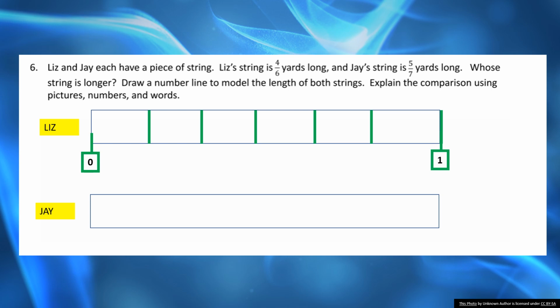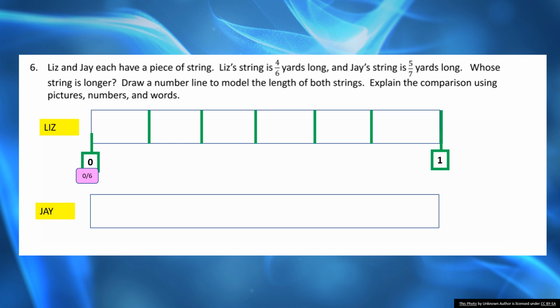Now, let's label it. Make sure you have your lines. Make sure it looks like mine. And we're going to start labeling. So we start at 0. And we're going to write 0/6 right below the number 0 that you have boxed in. And it's a number line, of course, so we're going to count up.